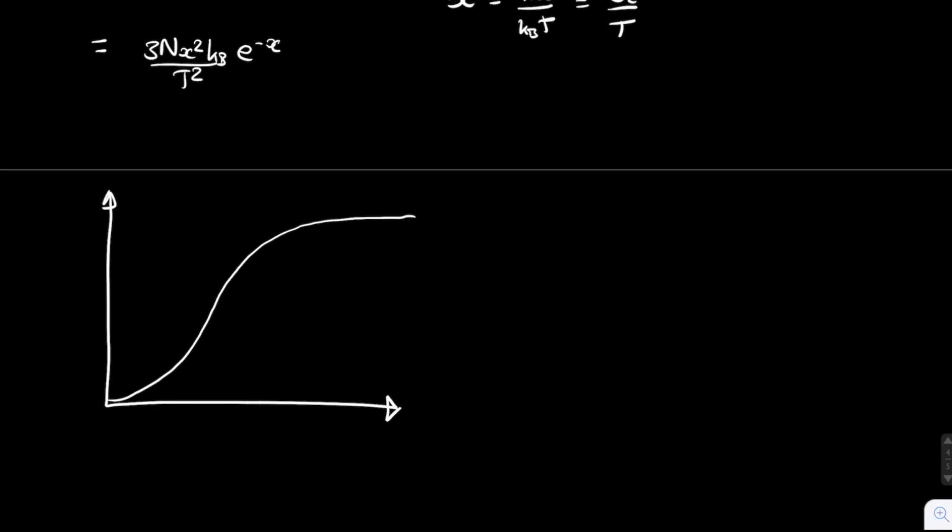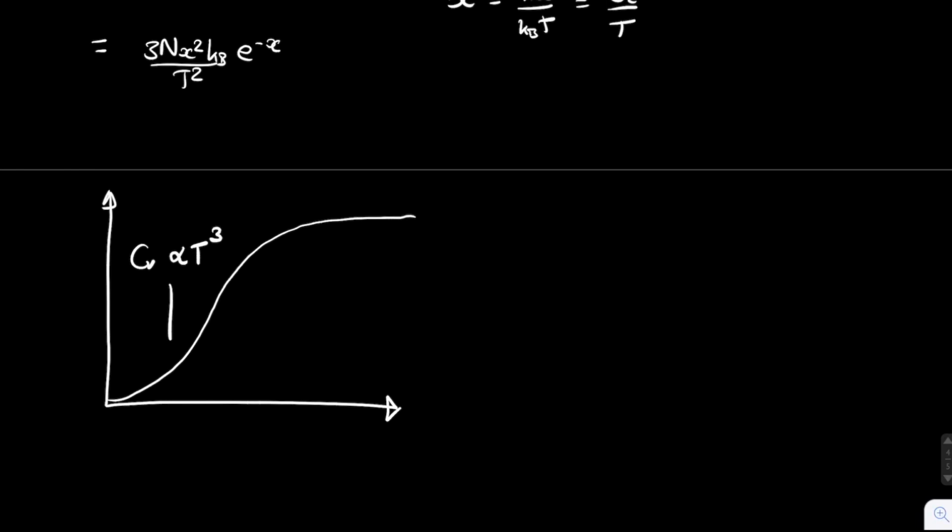And this is good. However, it does not agree with experimental results, unfortunately. It might look like it's the same, but it doesn't actually agree with experimental observations of the heat capacity at low temperatures. In fact, the experiment shows that the heat capacity at low temperatures is proportional to the cube of the temperature.